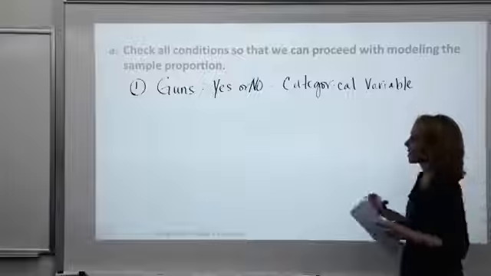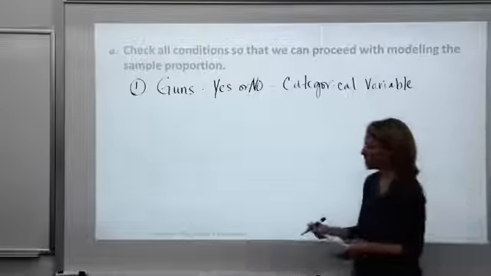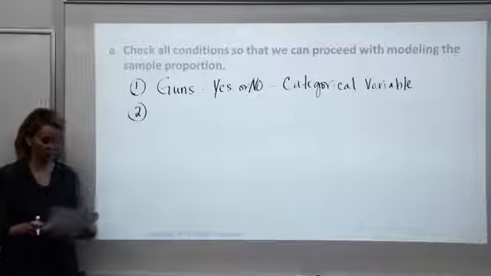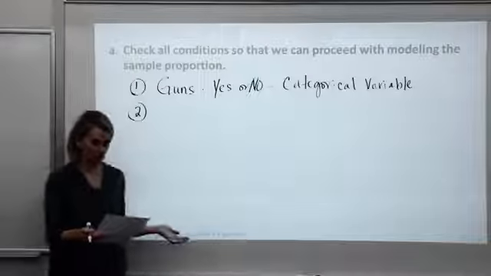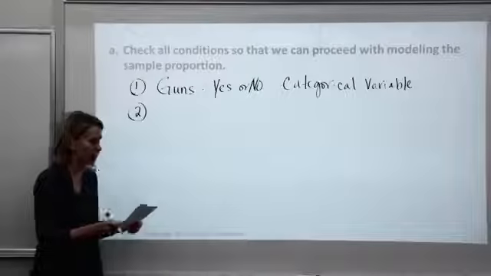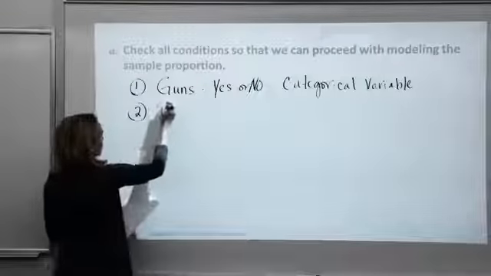So the first condition's met. Second condition, we need a random sample, or at least one that doesn't contain bias, and it does say that we're going to just design our study to unbiasedly sample 400 homes in the county. So this one checks out too.